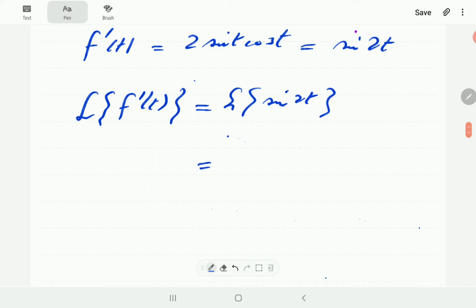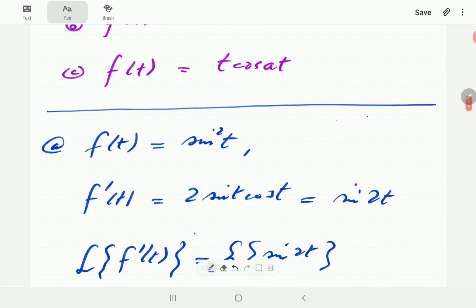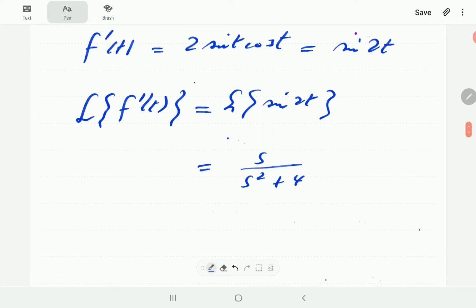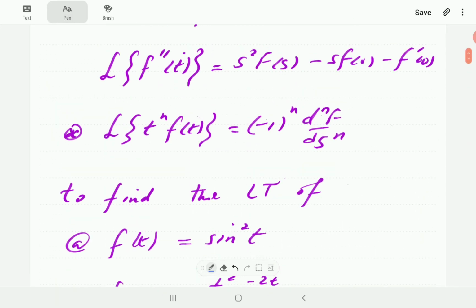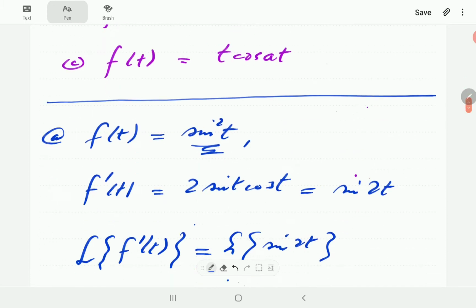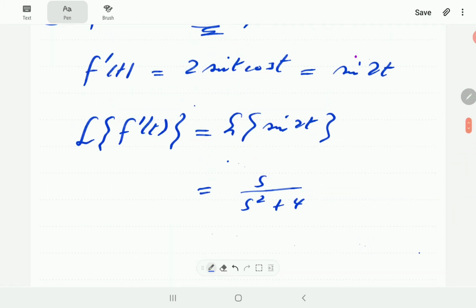And from there, we are going to find that the Laplace transform of sine 2t is s over s squared plus 4. And then on the left hand side, using this first property here, we can write this as s times the Laplace transform of f minus f at 0.